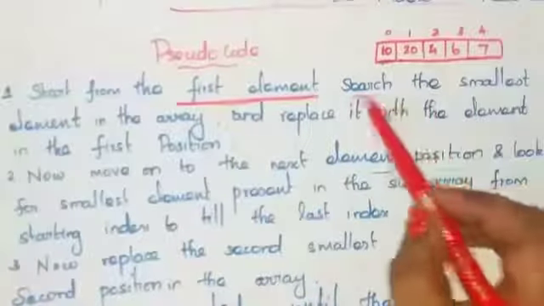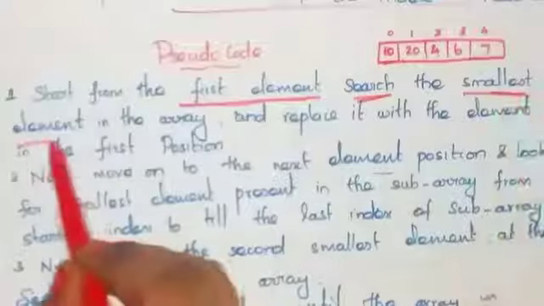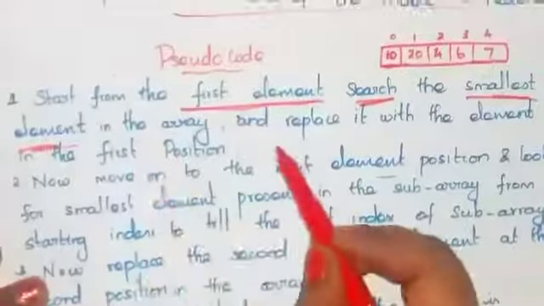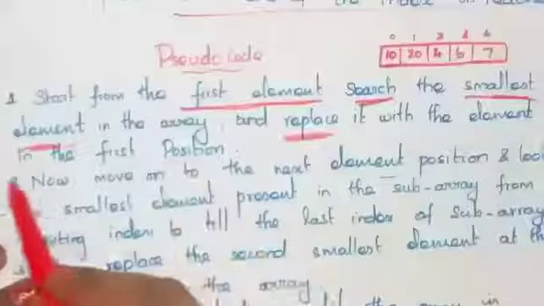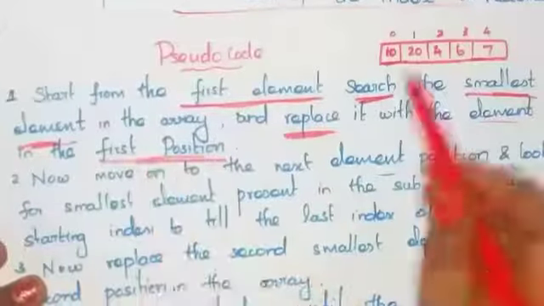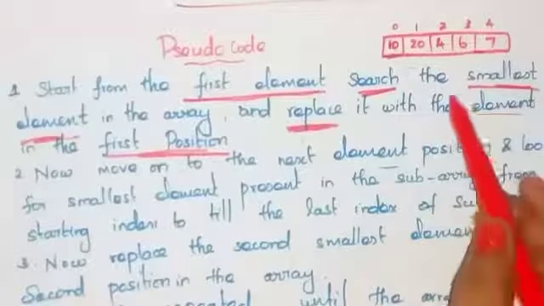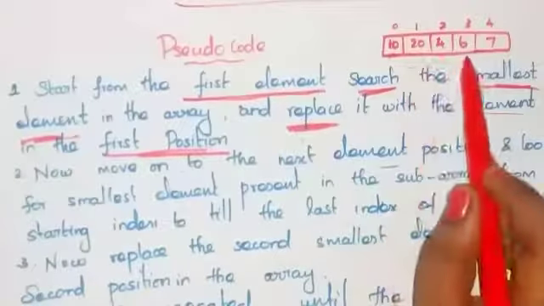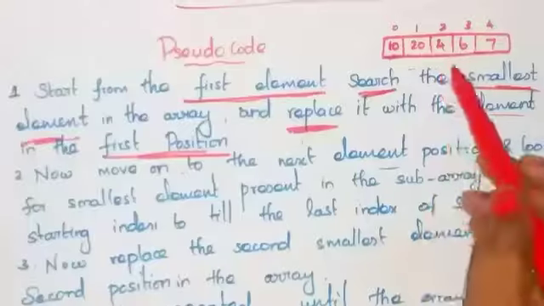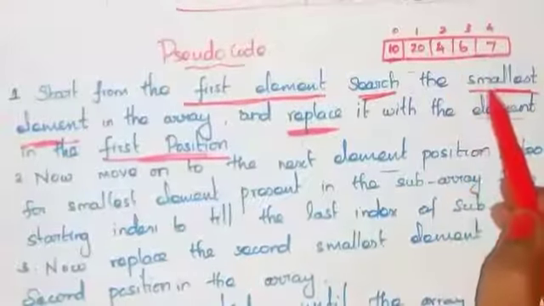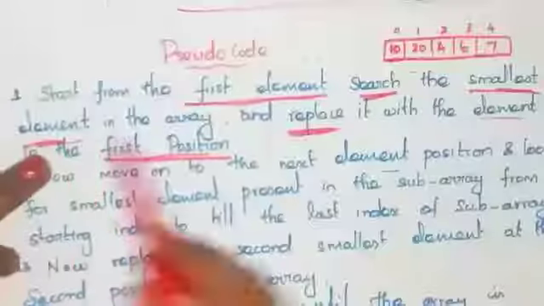Next, search for the smallest element in the array and replace it with the element in the first position. These elements are arranged in unsorted order. Now we have to arrange them in sorted order using the selection sort algorithm. Find the smallest element.